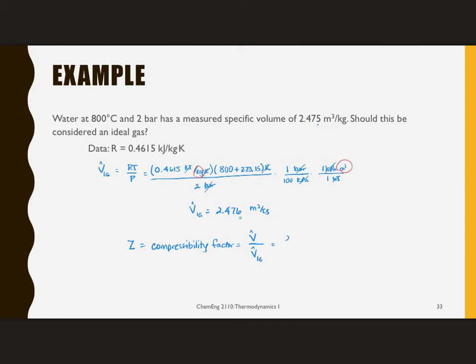And in this case, 2.475 over 2.476 is equal to 0.9996. What we usually are looking for is for Z to be very close to 1. How close? Well, it depends on what we're trying to do. But normally I work with in 2%. So 0.98 to 1.02. In this case, it's very close to 1. And so therefore, this is an ideal gas.